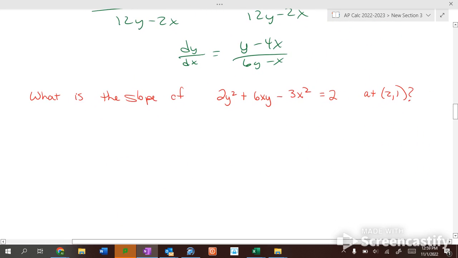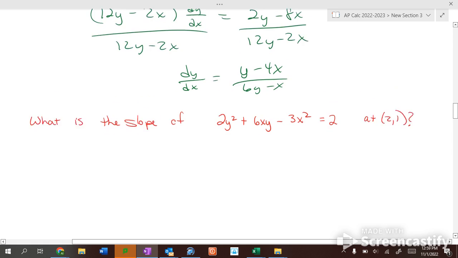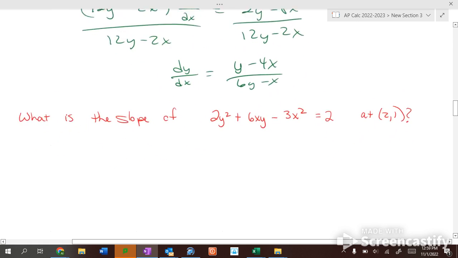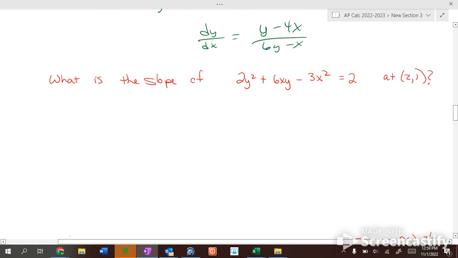What's the slope of this function at 2, 1? What do you do? You do the last thing first, the implicit. Yep, you do implicit differentiation. So it's 4y dy dx plus 6x dy dx plus 6y minus 6x, right?